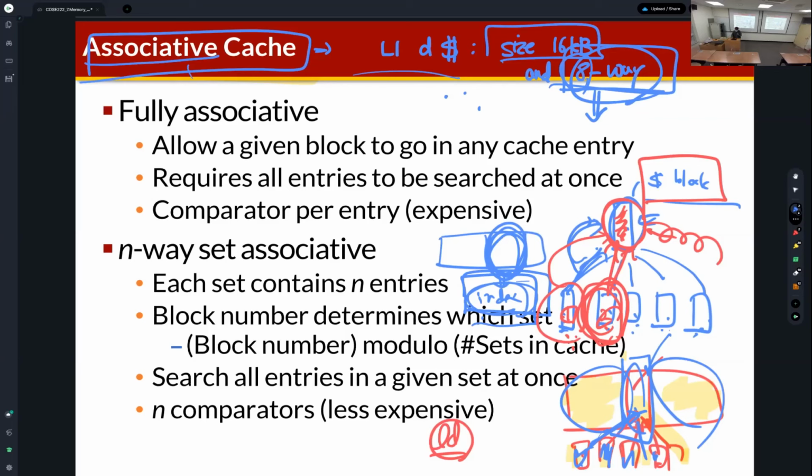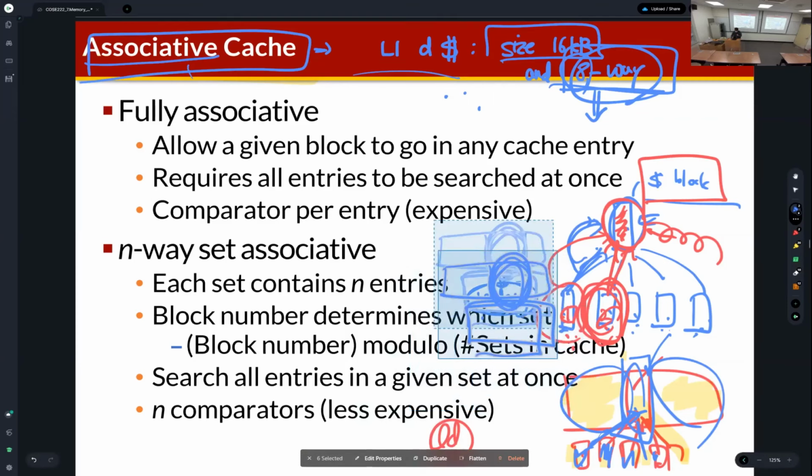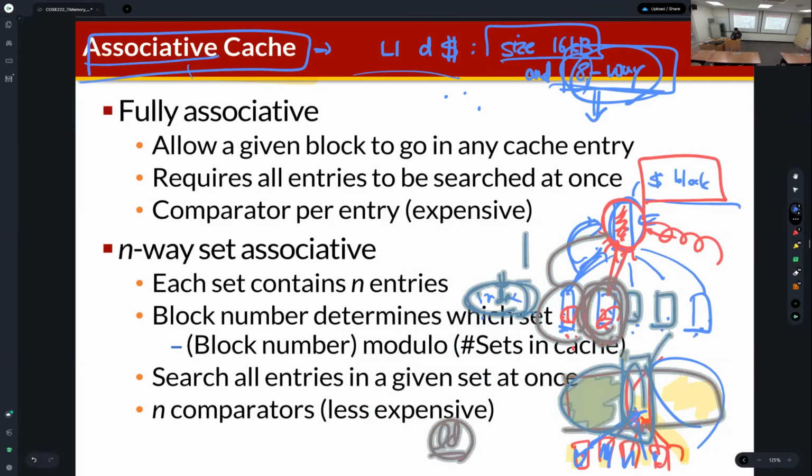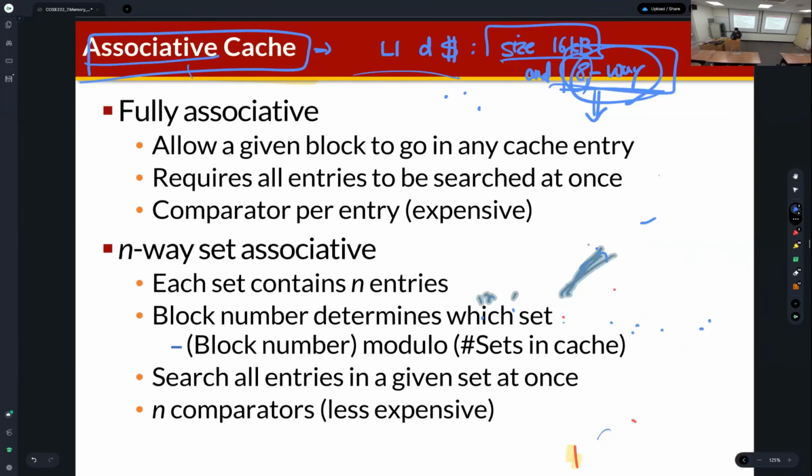So how can you solve this problem? I define the problem. What is the problem? Even though the cache has many spaces, many empty blocks, because of the mapping policy, called the direct map policy, many requests need to be mapped to the same cache block.